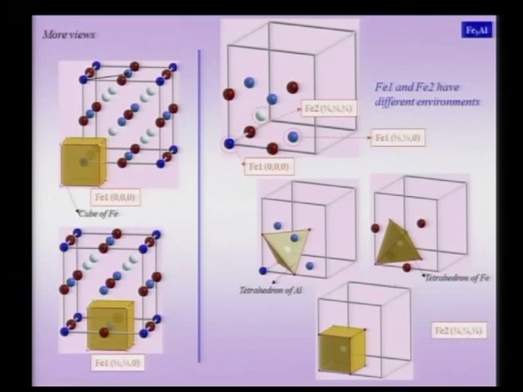Now if I look at the coordination around what I call the iron 1 position, which is the 0 0 0 position, because this is a face centered cubic kind of structure, the lattice is face centered, so any other atom which is located here also has to be identical in terms of its environment, because that is a lattice position. So that is clearly verified. If you look at an iron atom here, you can clearly see you have a cube of iron around it.